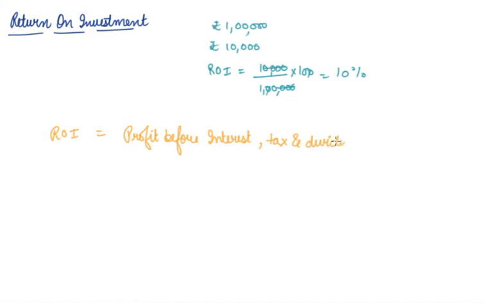If you are given net profit, you will add the interest, tax and dividends to your net profit to get profit before interest, tax and dividend, over capital employed into 100.